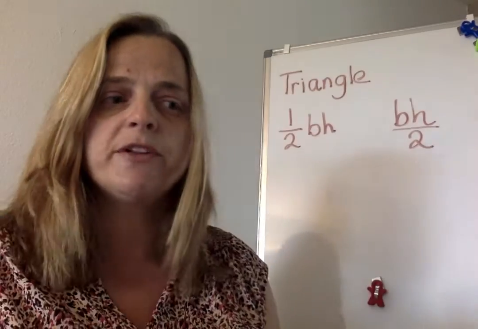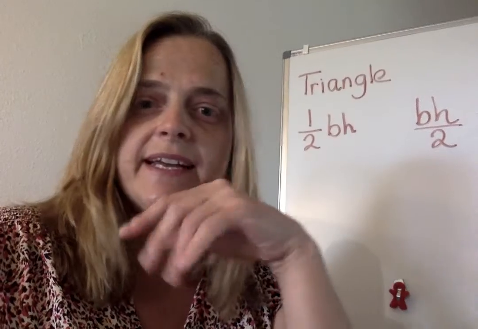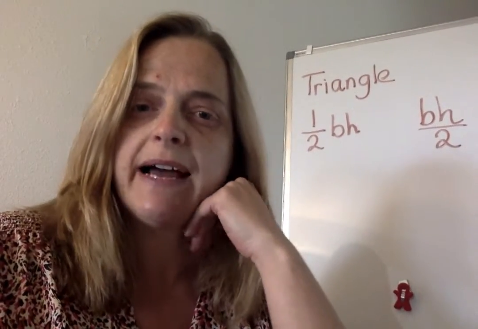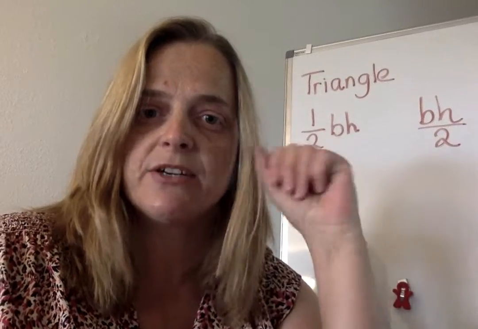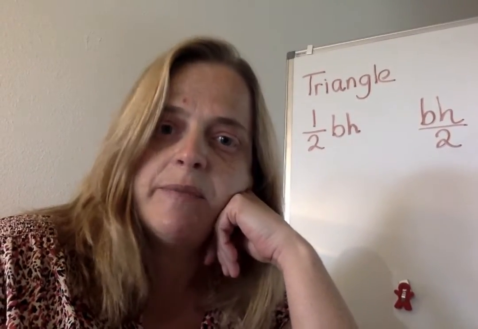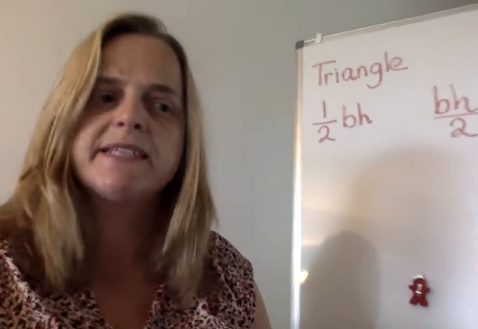So that is the formula for a triangle. Now, perimeter, just add the sides, remember? Don't add that perpendicular line though, but add the outside, the rim of the outside of the triangle. And area, base times height divided by 2, or half base times height.